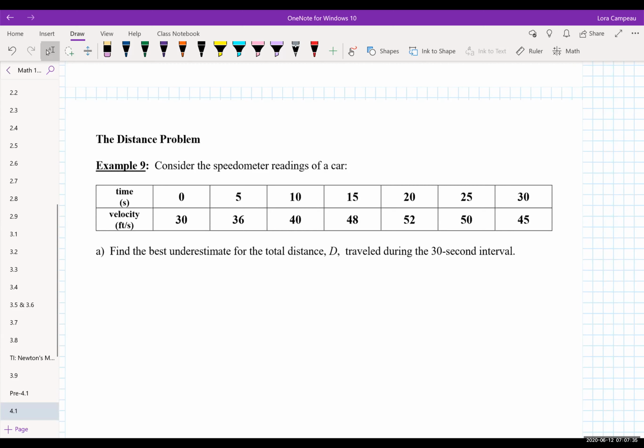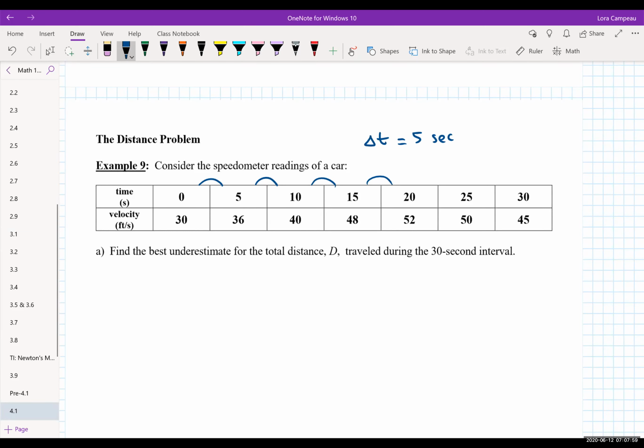If you look at the distance between each subinterval, your delta T is 5 apart. They're 5 seconds apart. So that's nice to be able to just look at the chart and realize we're dealing with delta T.